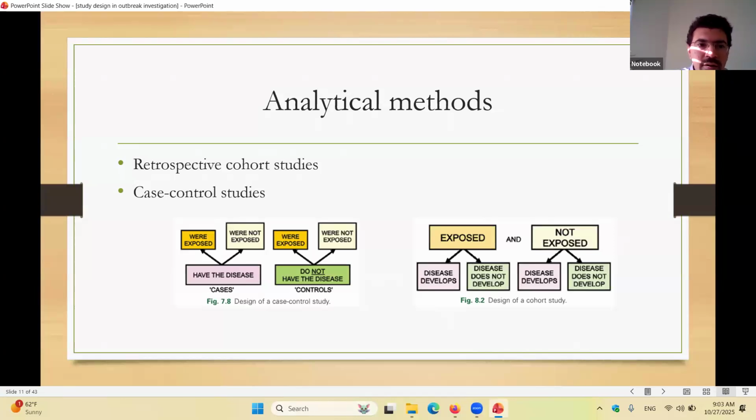There are two main designs, including retrospective cohort studies and case control studies.